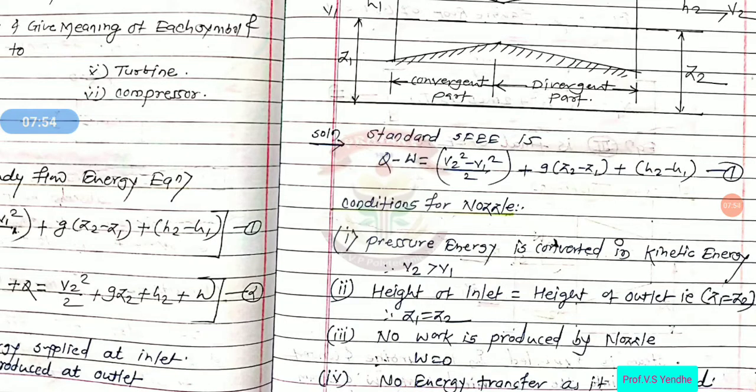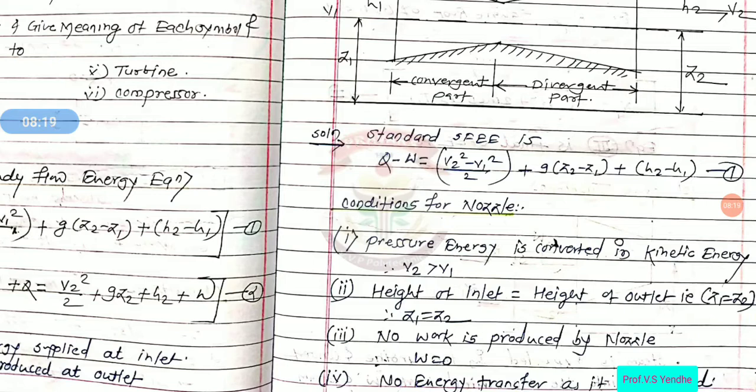What does that statement indicate? That means the pressure at the inlet is converted into the kinetic energy at the outlet, so the kinetic energy at the outlet increases compared to the inlet. That means KE2 is greater than KE1.